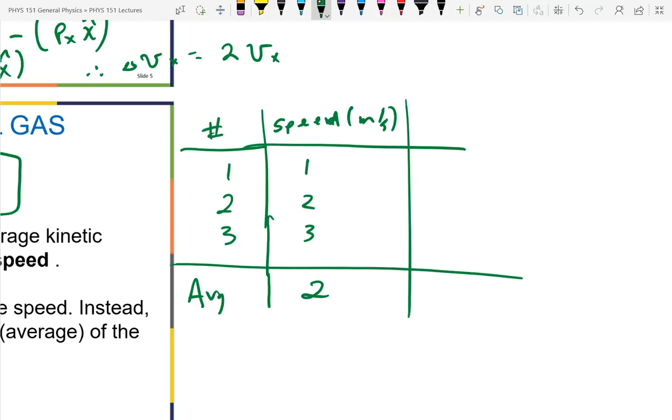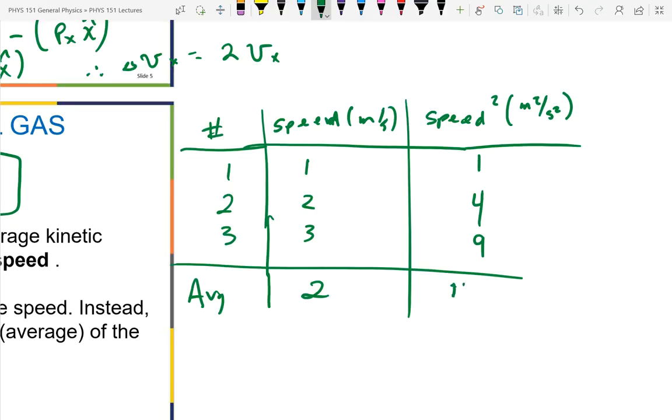Now let's do the speed squared. One squared is 1, 2 squared is 4, 3 squared is 9. The average of 1, 4, and 9, you add those together, and that's 14. 14 divided by 3 is going to be 4 2/3.